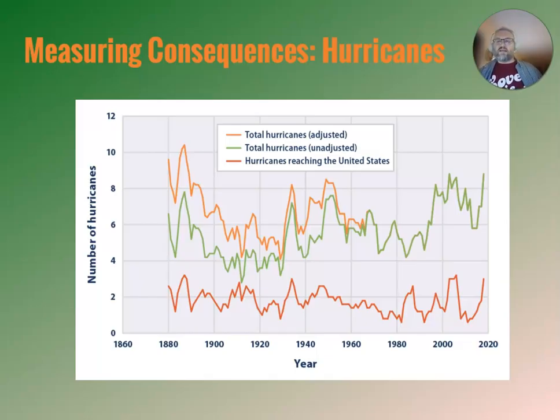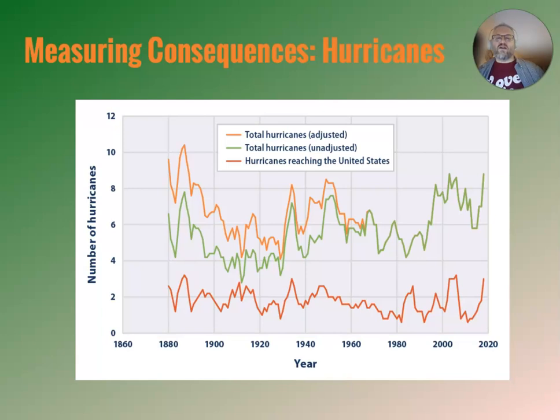But we don't see a corresponding increase in hurricanes. Right? We also saw a decrease in snow and ice cover over that period, but we're not seeing a trend in hurricanes. So the number of hurricanes doesn't seem to be affected, at least thus far, by climate change.